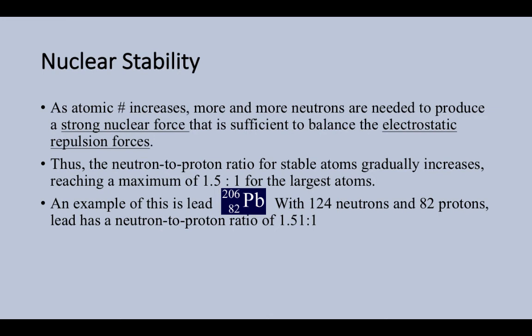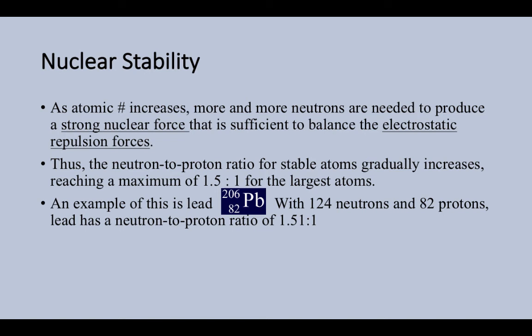The proton-neutron ratio really likes to be a 1-to-1 ratio, so if you have 6 protons, having 6 neutrons makes it a carbon atom, because that has 6 protons, very stable. But the further away you get from that 1-to-1 ratio, the more unstable the isotope becomes and the more likely it is to decay.